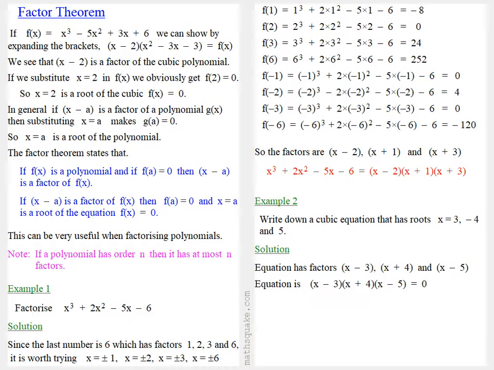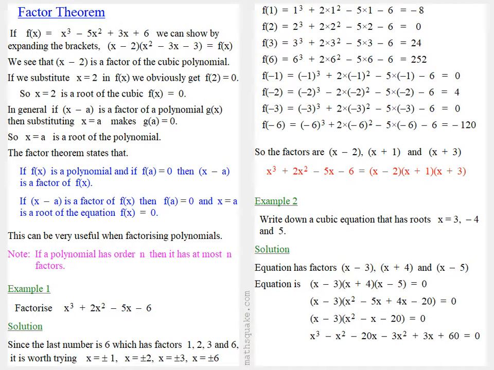Now we can expand the second pair of factors to give us (x minus 3)(x squared minus 5x plus 4x minus 20) equals 0, which simplifies to (x minus 3)(x squared minus x minus 20) equals 0.